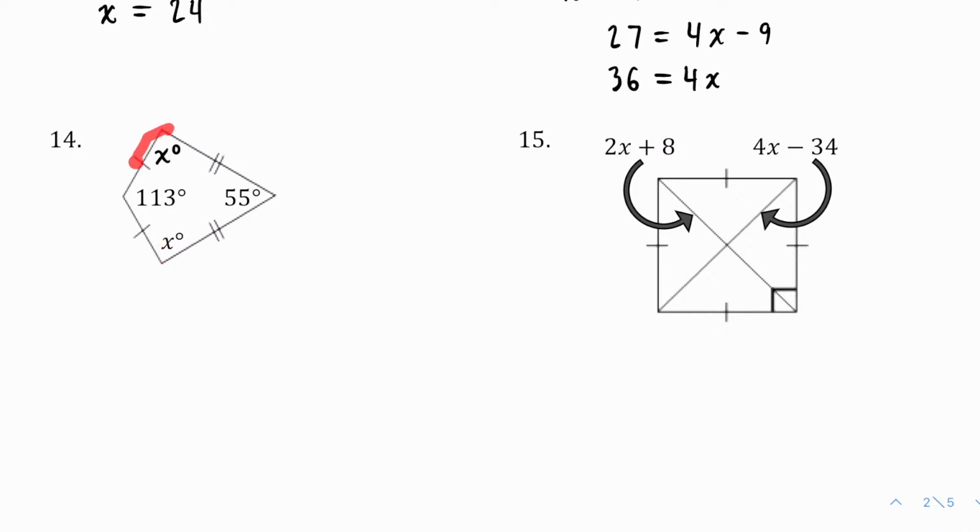And what do you know? Now we have 4 angles that add up to 360. So we say 113 plus x plus 55 plus another x equals 360 degrees.